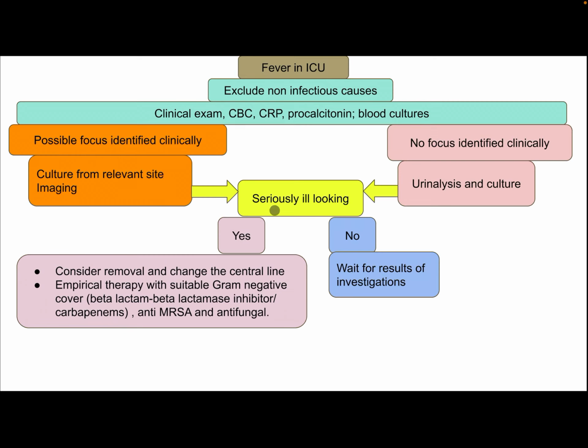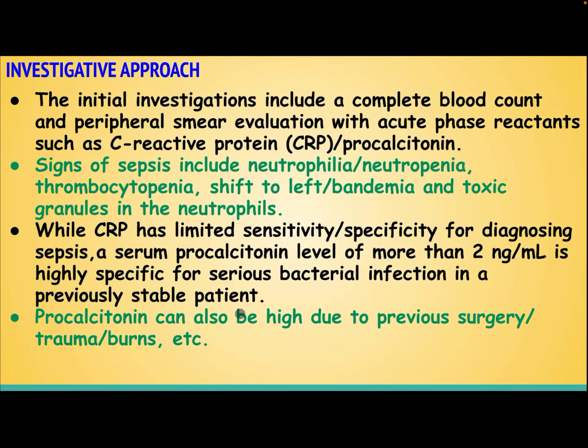Is the patient seriously ill-looking or not? If not seriously ill-looking, wait for the results of investigations. If seriously ill-looking, consider removal and change of the central line. Start empiric therapy with suitable gram-negative cover, beta-lactam, beta-lactamase inhibitor, carbapenems, and anti-MRSA and antifungal.